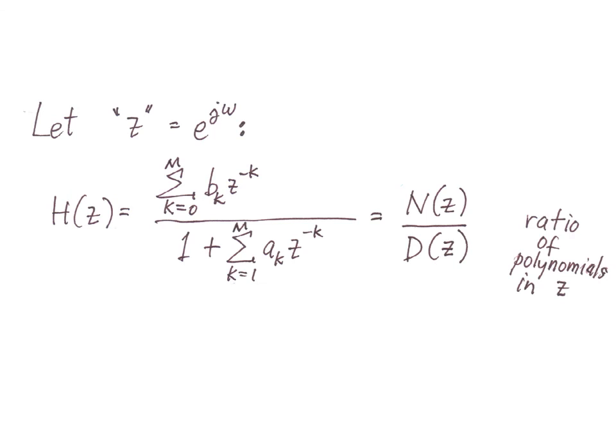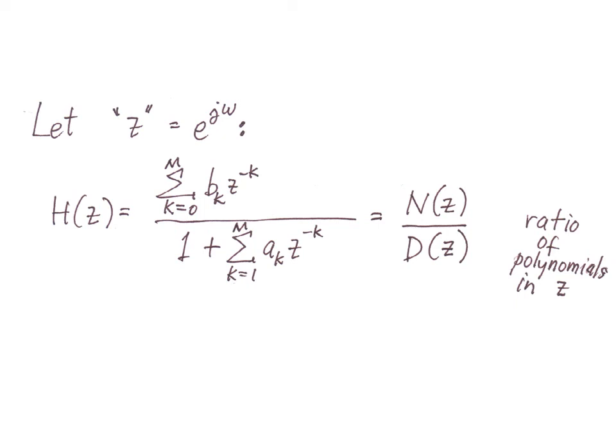I conclude this lecture with this one slide, which is a preview of what we'll be studying later. You'll notice in the previous slide, e to the j omega occurred a lot, and we can give it a label z. So e to the minus j omega k may be written as z to the minus k.